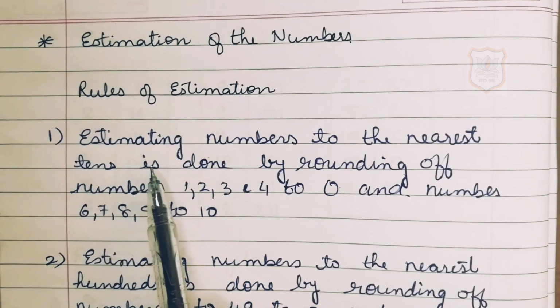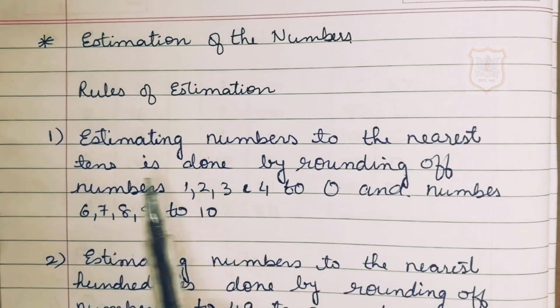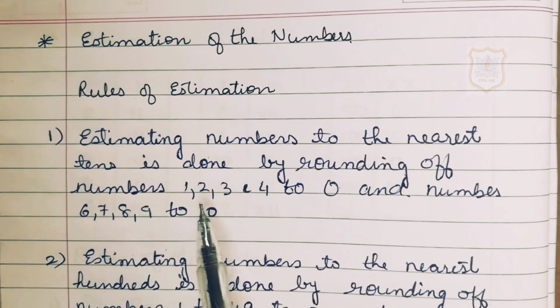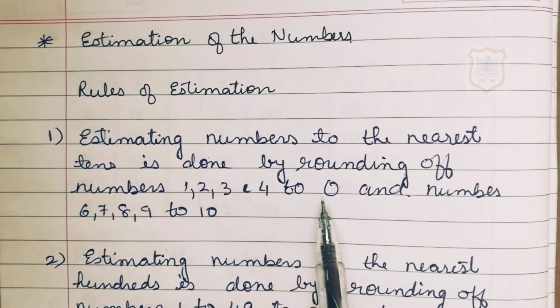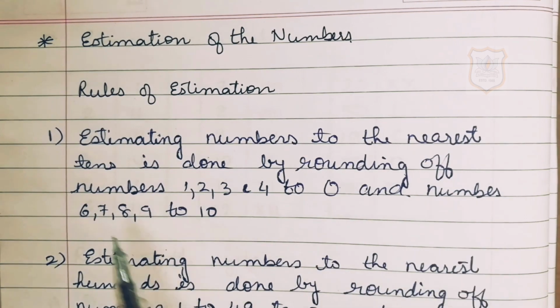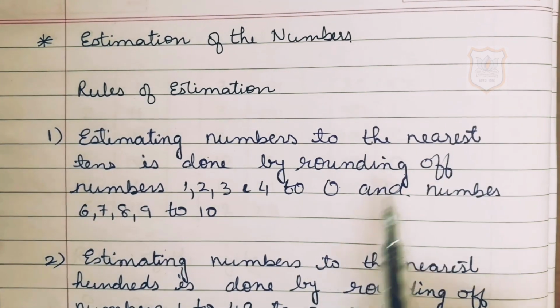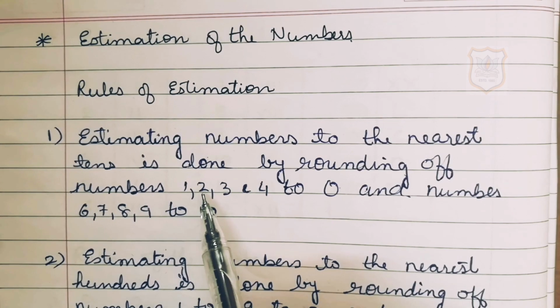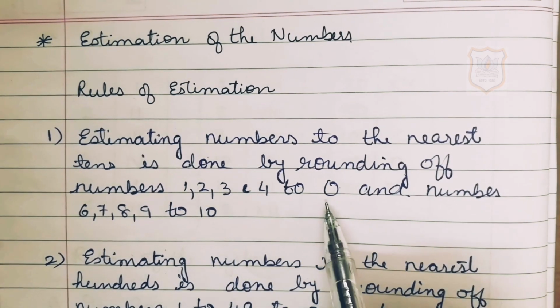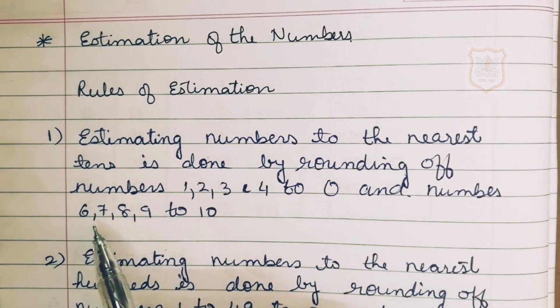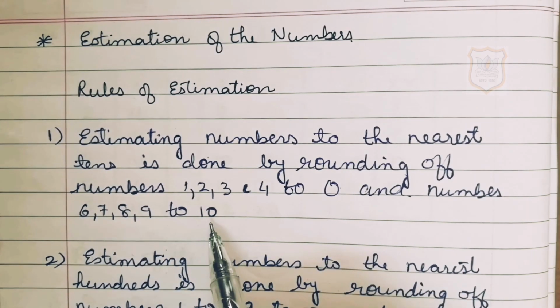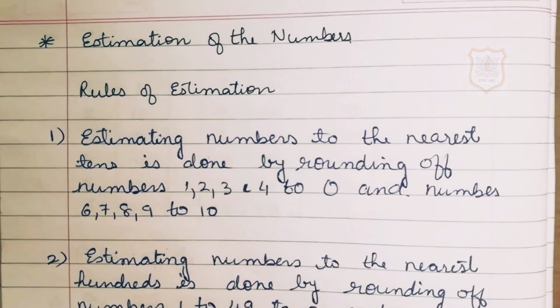First rule: estimating numbers to the nearest tens is done by rounding off numbers 1, 2, 3 and 4 to 0 and the numbers 6, 7, 8 and 9 to 10. If we have to estimate the number to the nearest 10, then the numbers 1, 2, 3, 4 will be rounded off to 0 and the numbers 6, 7, 8, 9 will be written as 10.